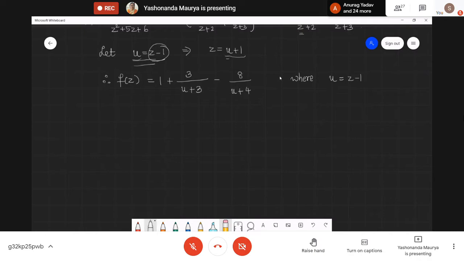This is just a convention that we are using so that our work will be simpler. Now what we have to do is expand this expression in such a way that we get different powers of u. The moment we get different powers of u, it will be the powers of z minus 1. So that is the idea.